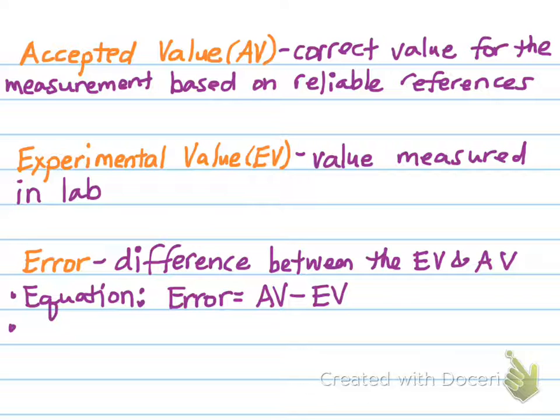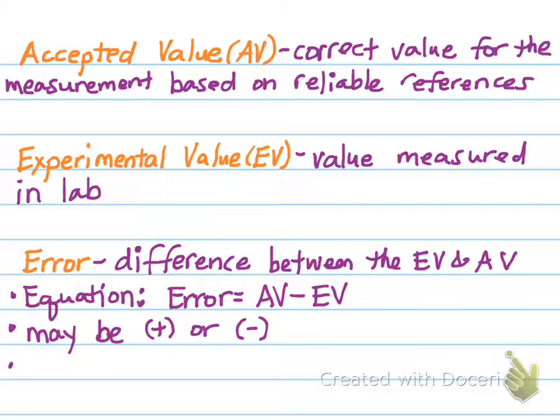That means that our error may be positive or negative, right? If it's positive, it means that our accepted value is larger than our experimental value. If it's negative, it means our accepted value is smaller than our experimental value.